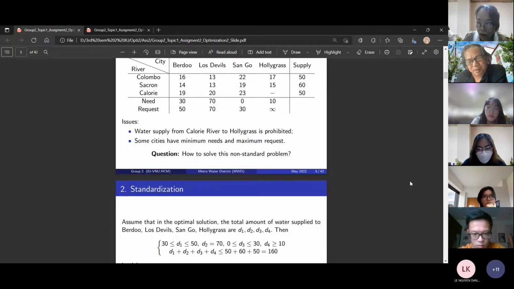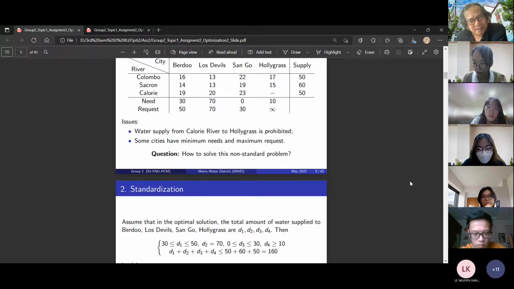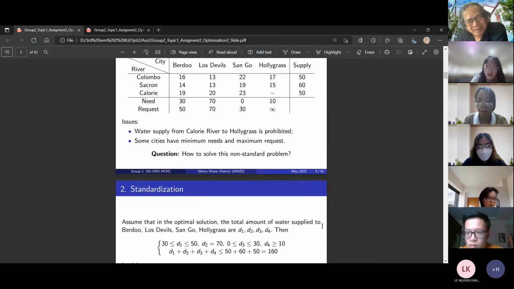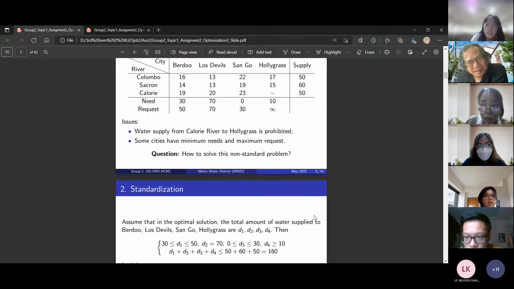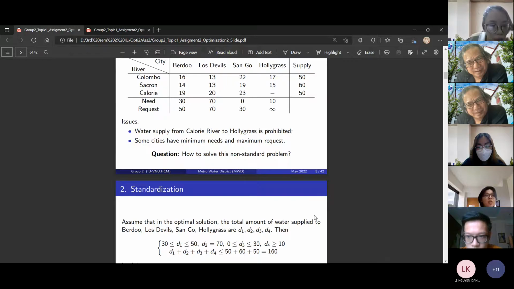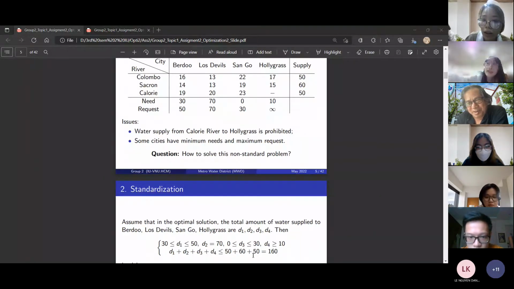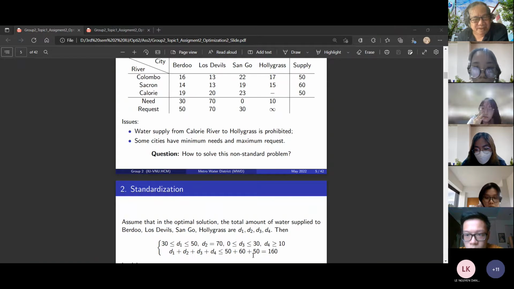But what does minimum need mean? And what does maximum or request mean? The minimum need is what the city can receive. No, not can receive. Minimum.